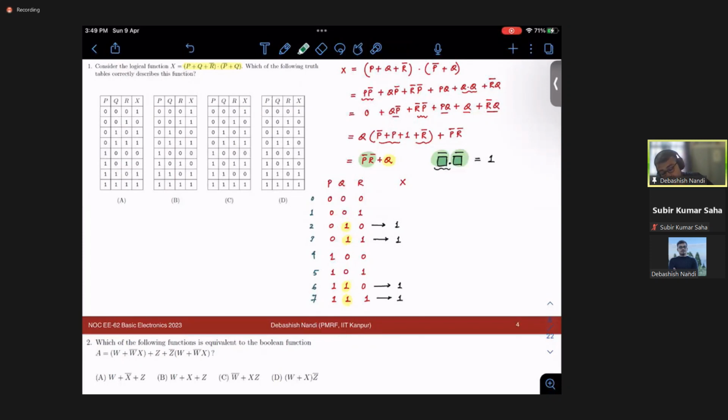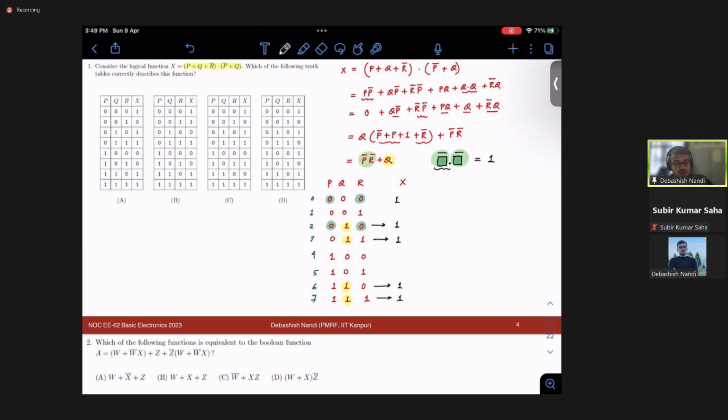So when P and R, sorry, P and R are 0, in that case you will have 1. Which cases have P and R as 0? These are the two cases, when P is 0 and R is 0. One case has already been taken care of, the other case will become this only. So these are the conditions when your output will be 1.